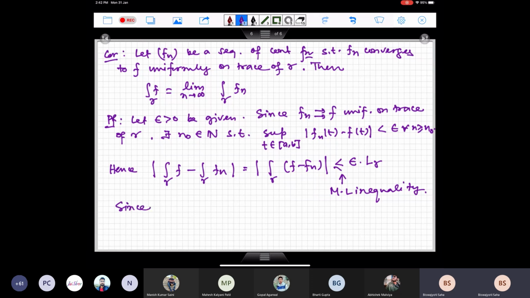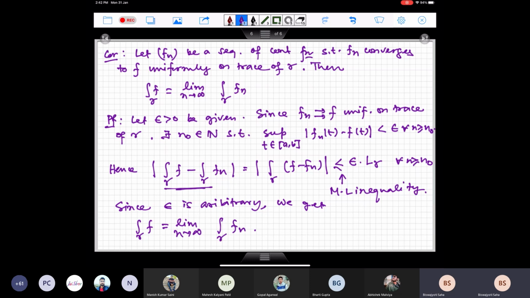Since epsilon is arbitrary, this holds for all n bigger than or equal to n naught. So as n tends to infinity, this difference must go to 0. Therefore we get that the integral of f is the limit as n tends to infinity of the integral of fn.